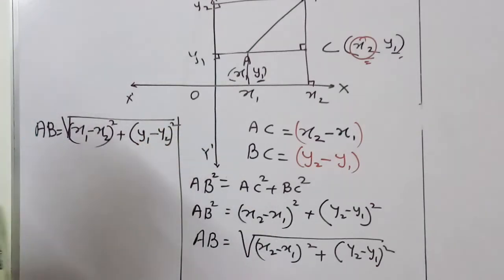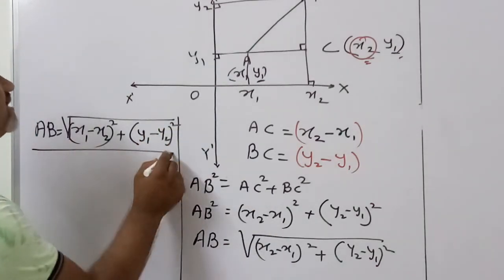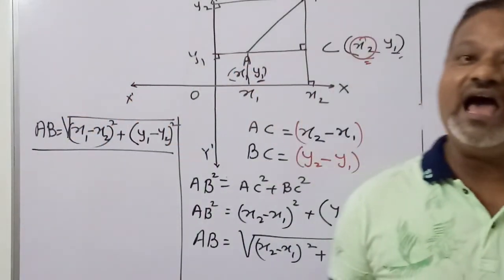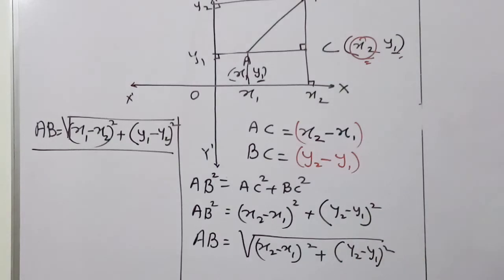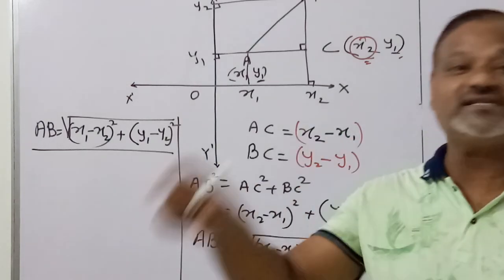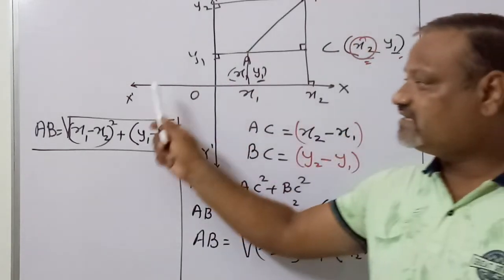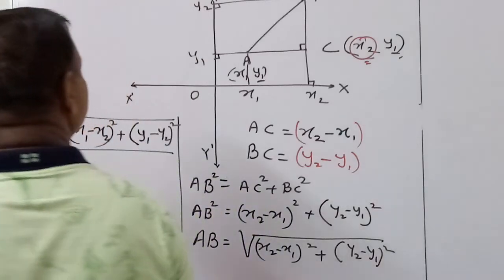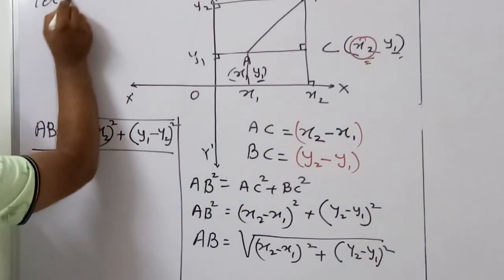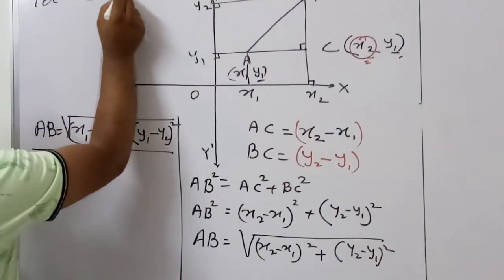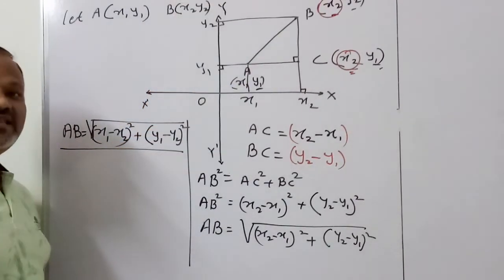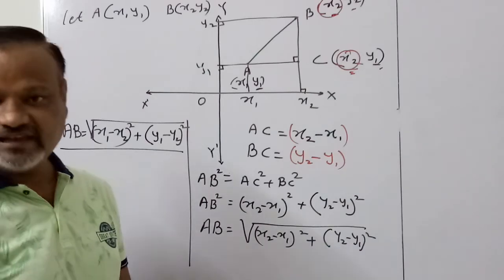So in this way we can find the distance between the two points having coordinate x1 y1 and x2 y2. So how can we write the statement: let A (x1, y1) and B (x2, y2) be the points in the given plane.